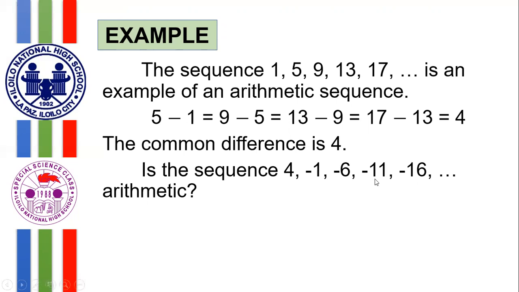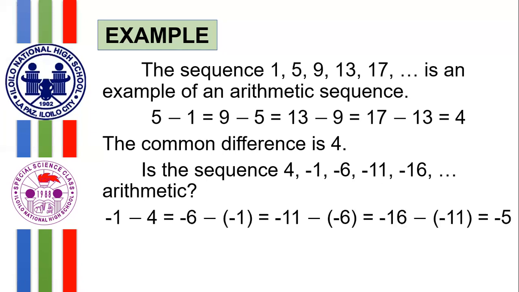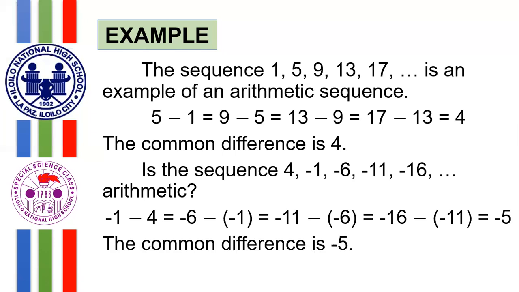If I have -11 minus -6, that would be -11 plus 6 or -5. And lastly, for this case, -16 minus -11, that becomes -16 plus 11 or -5. And so you could see that there is a common difference of -5. So indeed, the sequence is arithmetic, and the common difference is -5. I hope you understood.